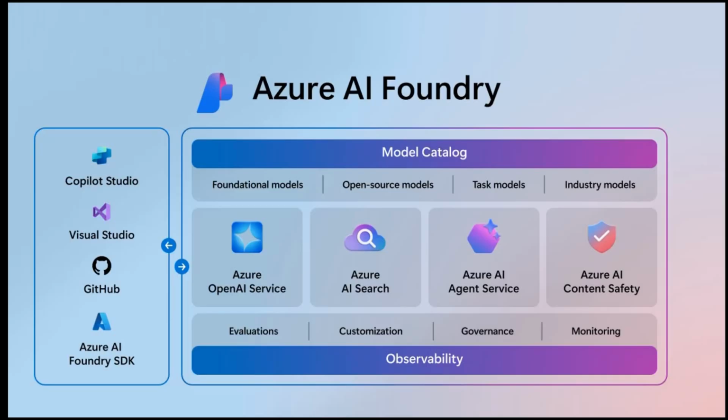So we had been seeing about this AI Foundry, right? The AI agent can be built within the Azure AI Foundry, wherein you have various options enabled for you, like Azure AI Service and then Azure AI Search, AI Agent Service, or Content Safety.